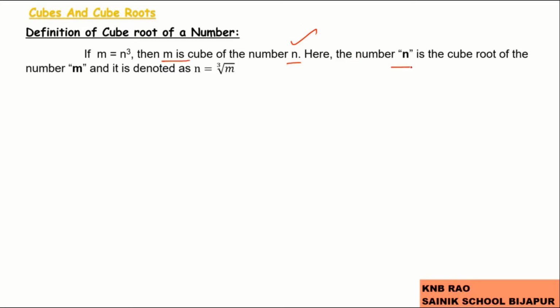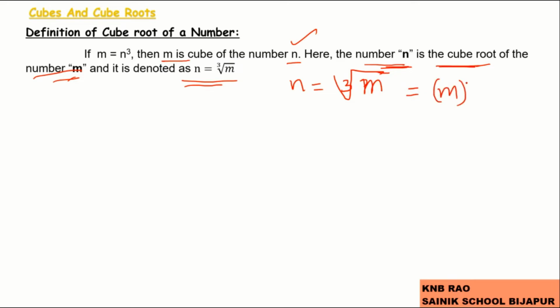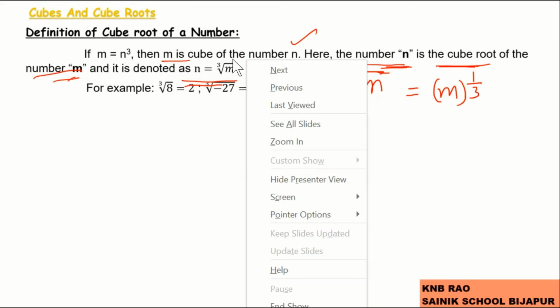Here the number n is the cube root of the number m, and it is denoted, as I have already said, n equal to cube root of m, which means m raised to the power 1 by 3. For example, here let me take out this.